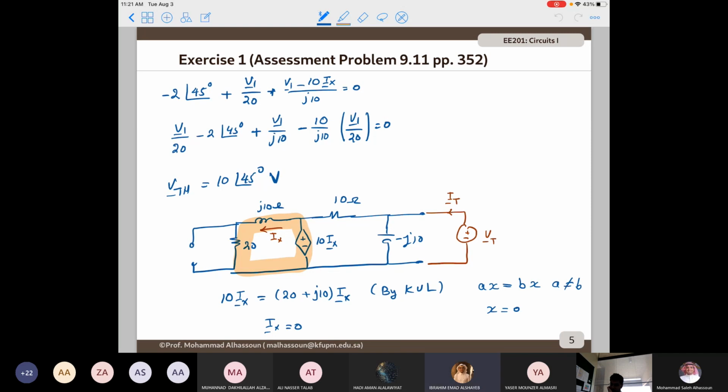Maybe we should take the J up to the numerator first. Yeah, you can multiply both sides by J20, for example. In this case, you'll have imaginary parts in the numerator.